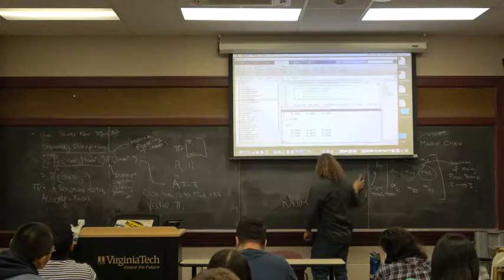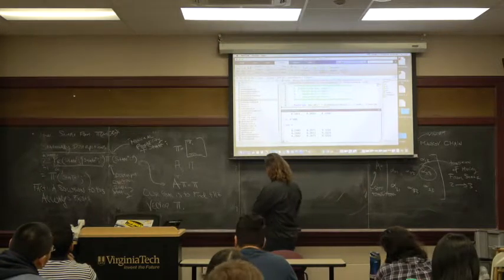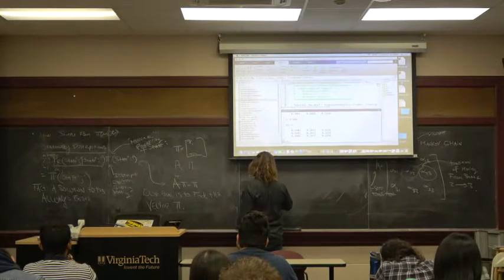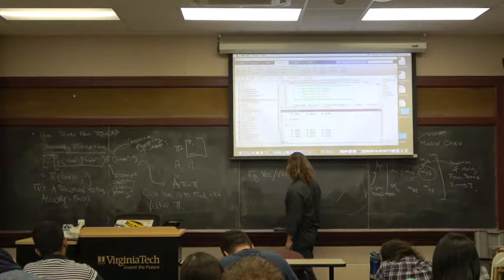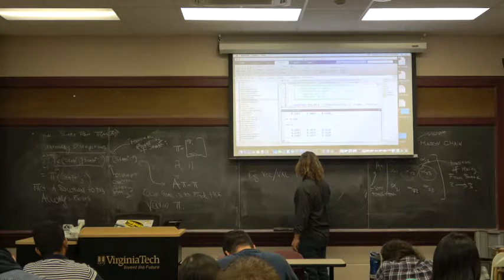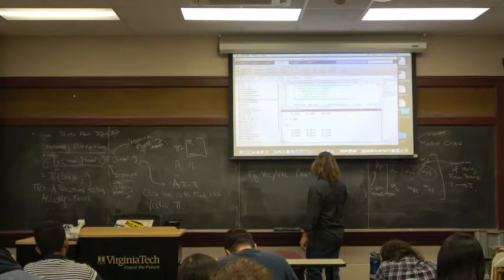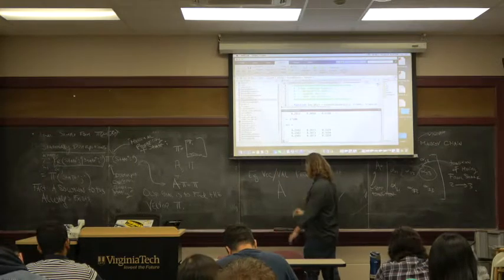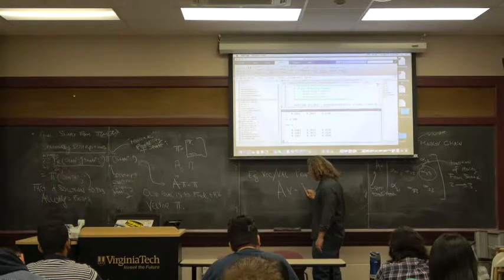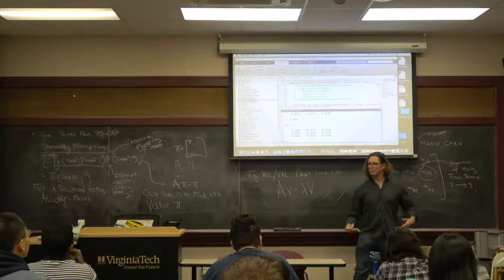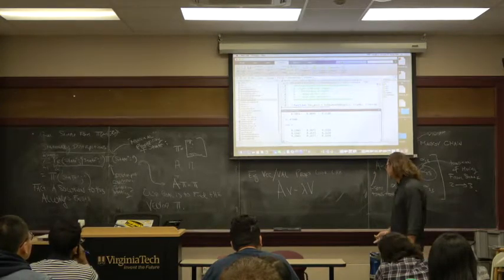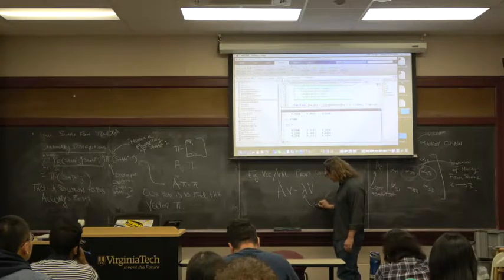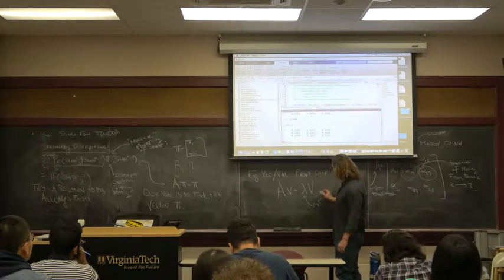So eigenvector, eigenvalue problems look like this: A V equals lambda V. That's what we normally do. I think this is pretty standard notation, where here's your eigenvalue, and here's the vector.